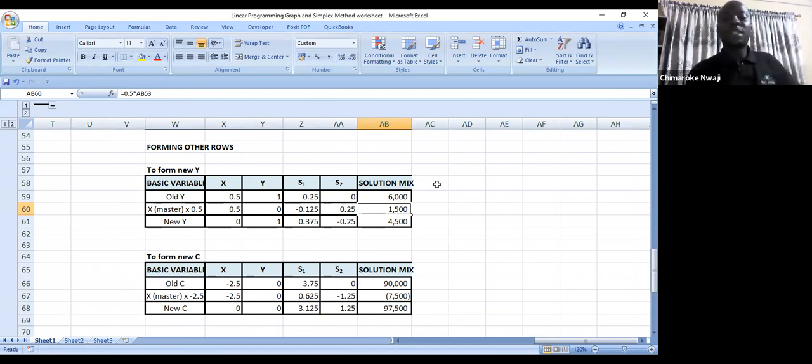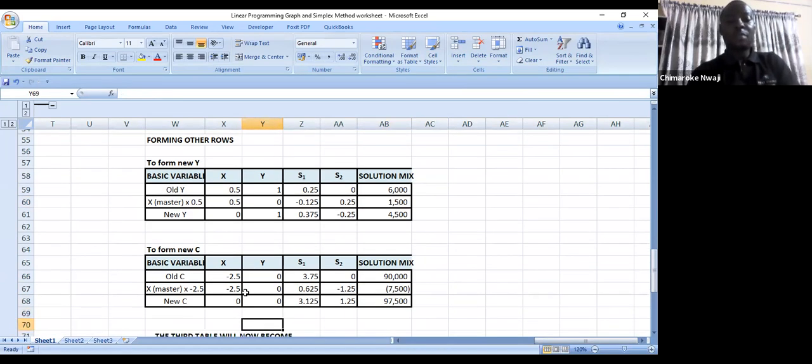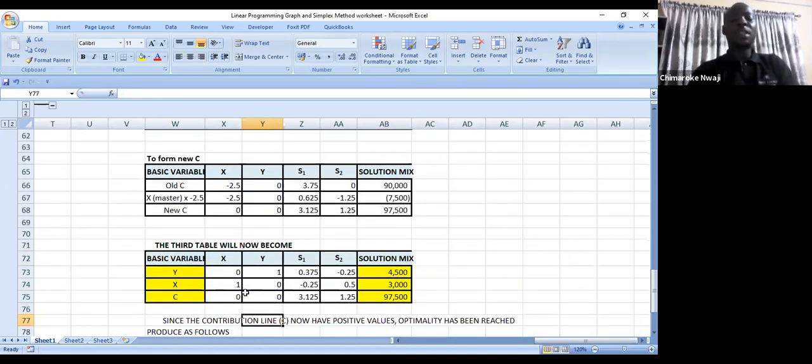Then we have 6 minus 1.5 gives me 4,500. So the same way we form our new C, that's the same principle. And the third table will now be created. The third table will accommodate the new Y, which is what we just found out here, to accommodate your master at that point now, which is X.